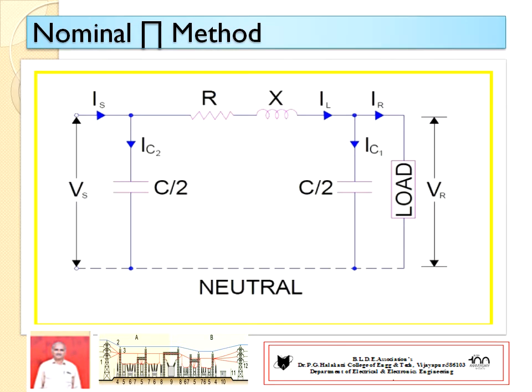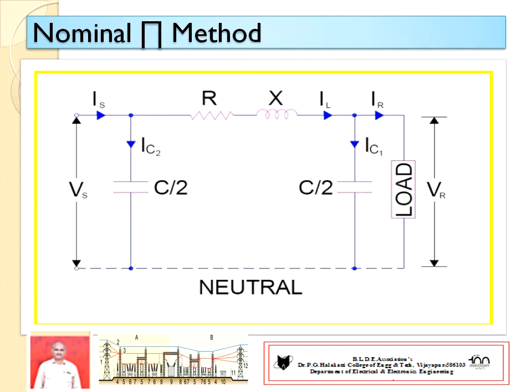You can observe the equivalent diagram for the nominal pi method. Z is the impedance of the transmission line, per phase values. R is the resistance per phase, and XL is the inductive reactance per phase. As usual, Vs is the sending end voltage per phase and Vr is the receiving end voltage per phase.